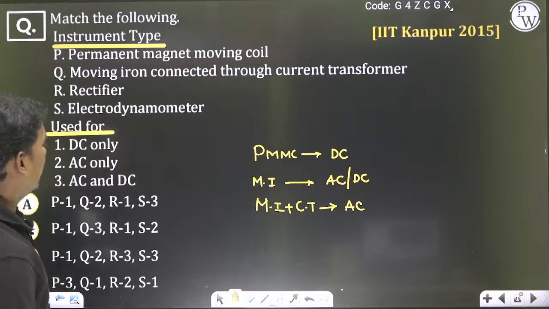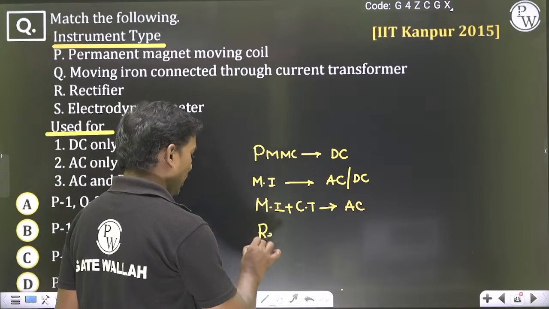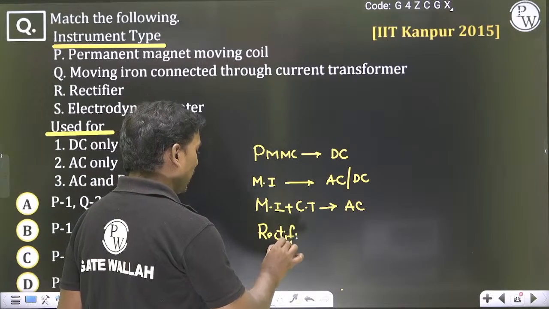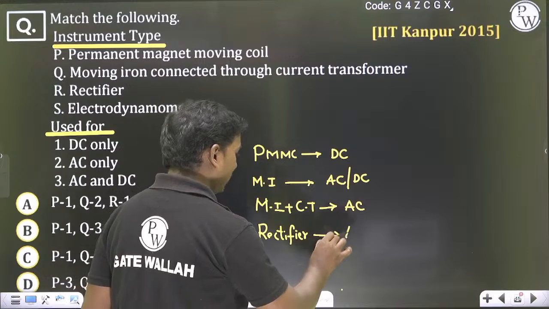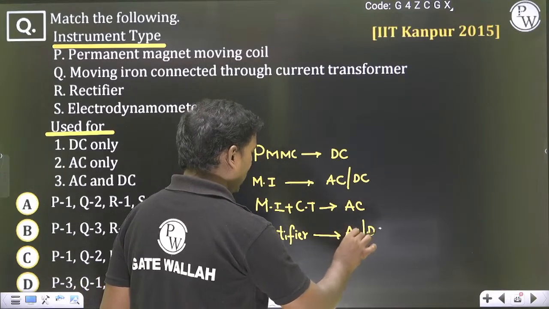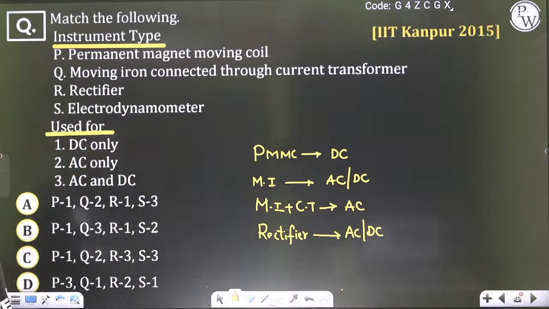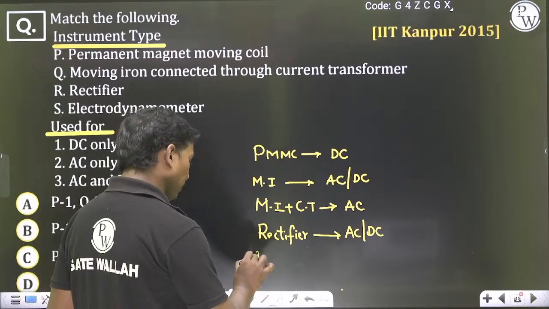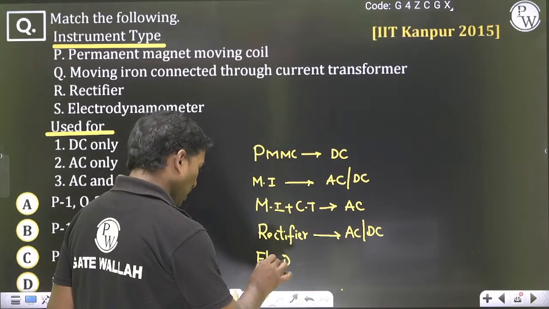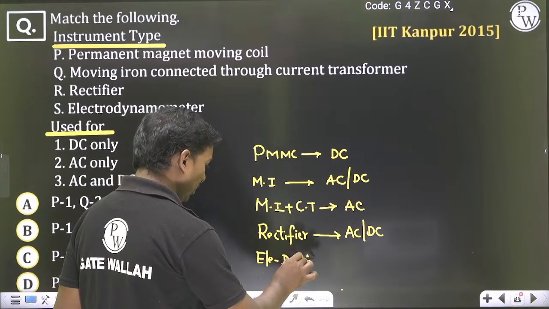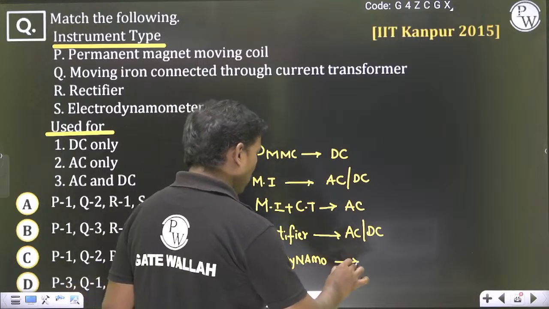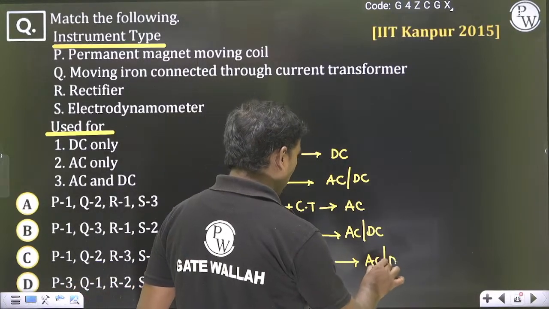Next, rectifier. A rectifier can be suitable for both AC as well as DC. Next, electrodynamometer is both for AC as well as DC.